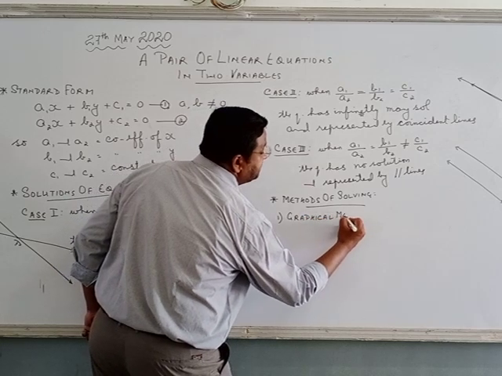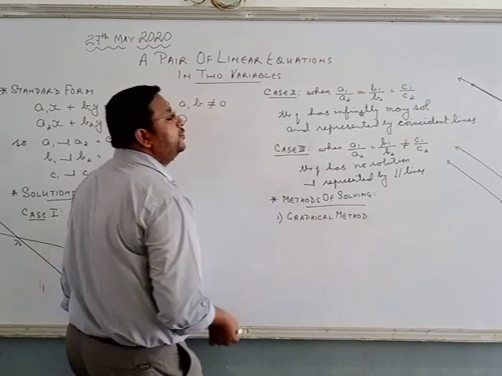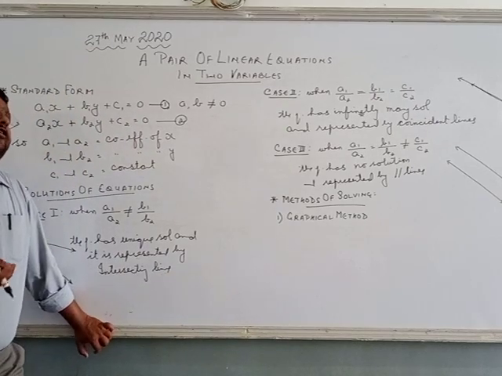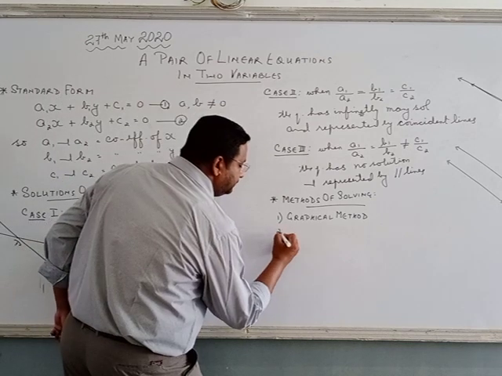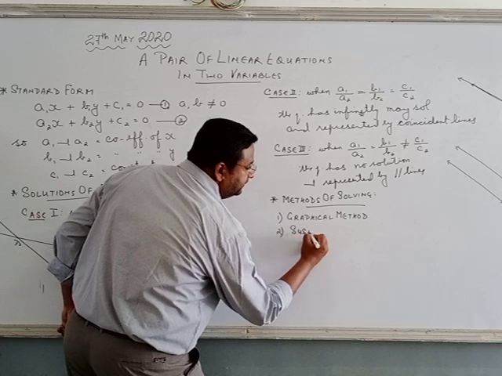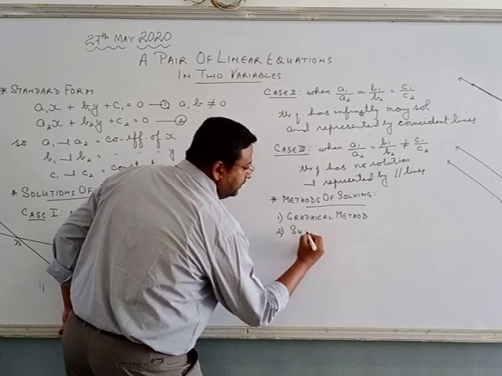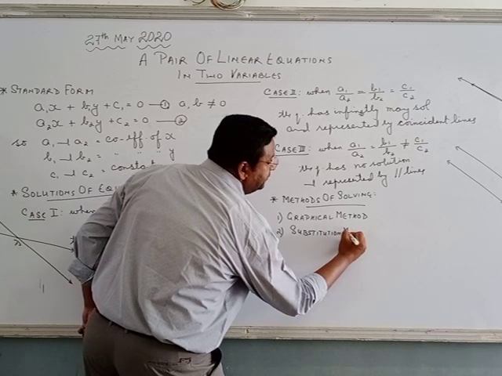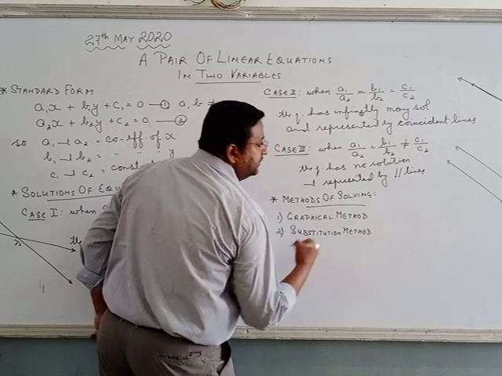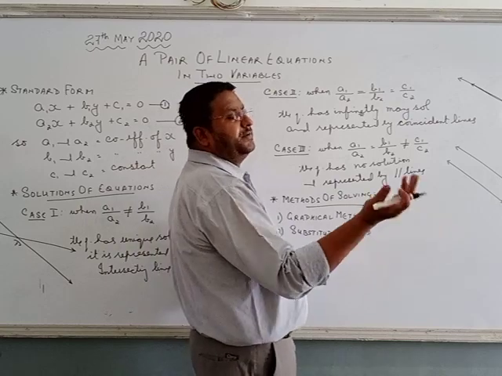As you did it in class 9, the same way we do it over here. In the graphical method, we draw a graph like this by plotting the equations on graph paper, and then we find the solution. Second, the substitution method, that is, when we substitute one variable with the other.